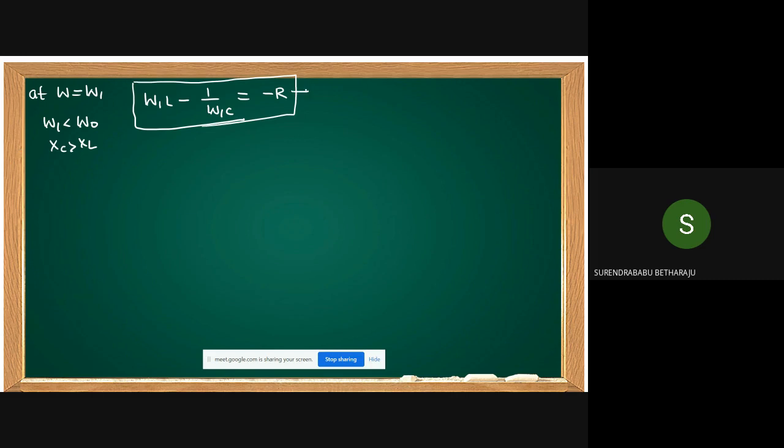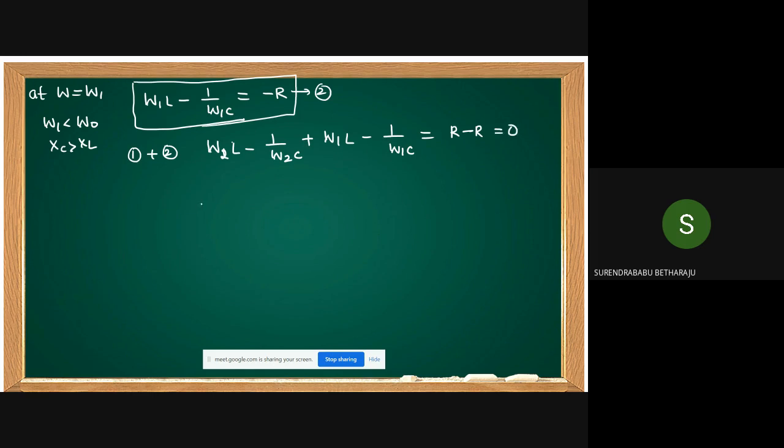Let this be equation 2. Then I am doing 1 plus 2. What can you get? Omega 2 into L minus 1 by omega 2 into C plus omega 1 into L minus 1 by omega 1 into C is equal to R minus R. This is equal to 0.